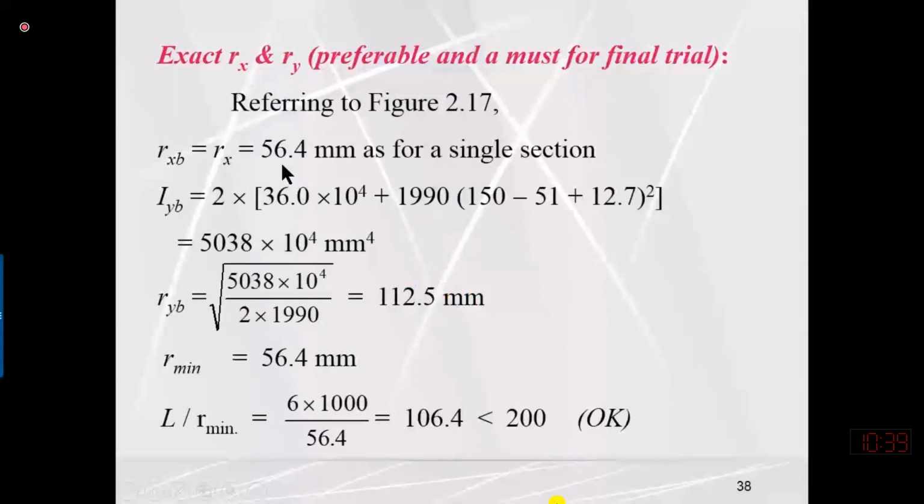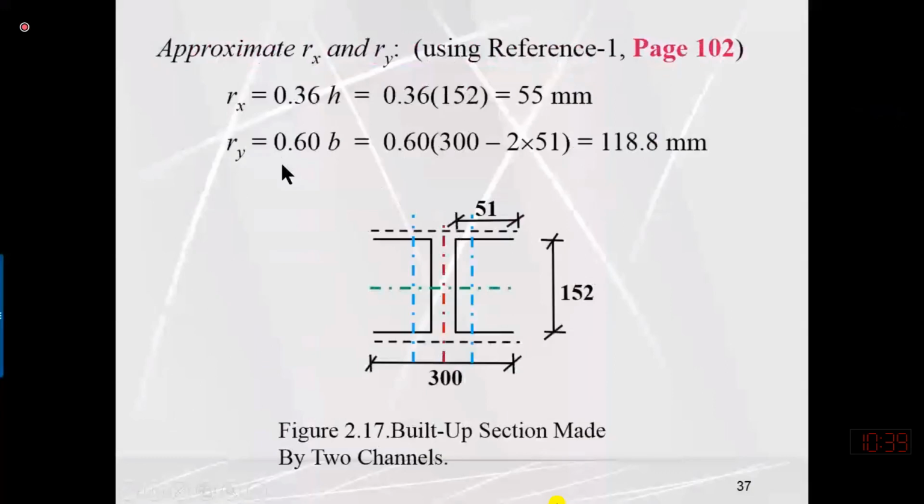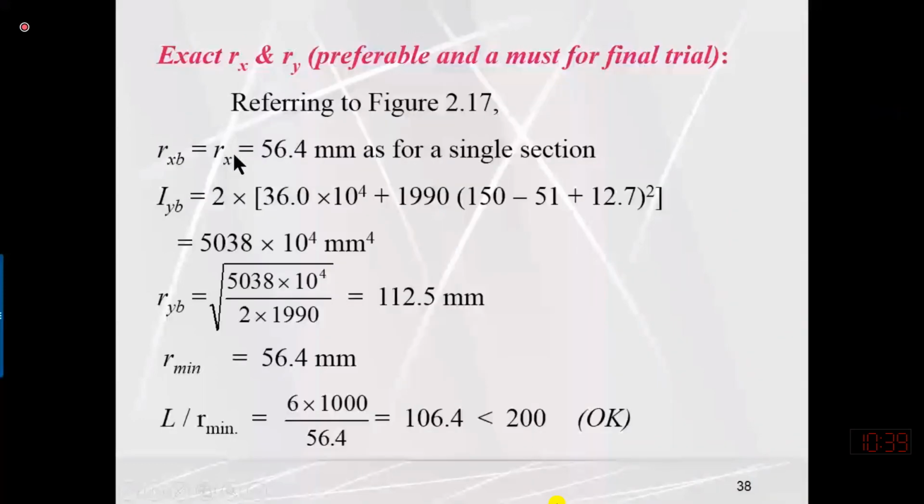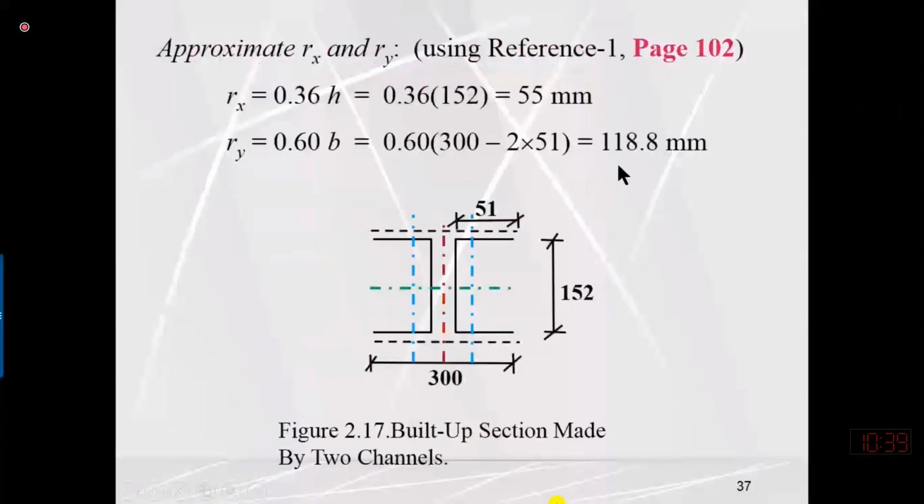Okay, if Ry approximate value is lesser than Rx approximate, in that case, if you want to have the exact solution, you need to determine the Ry actual by this formula. Okay, just see what is Ry actual? 112.5, and approximate is on the higher side, which is 118.8.